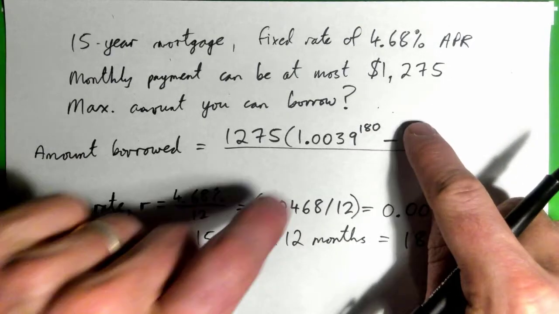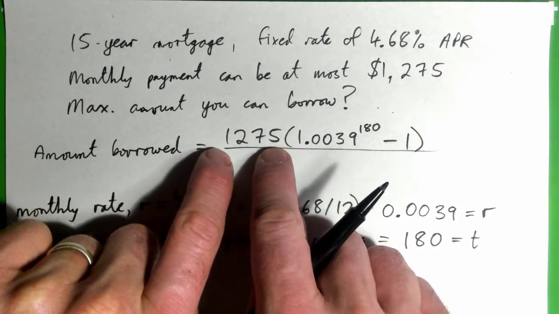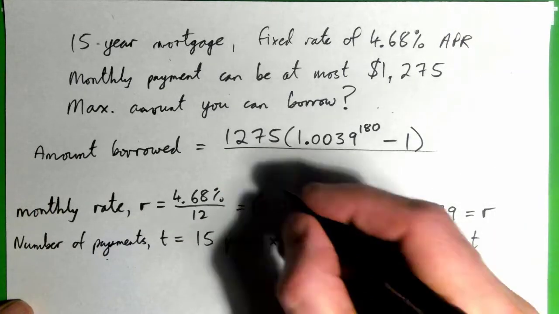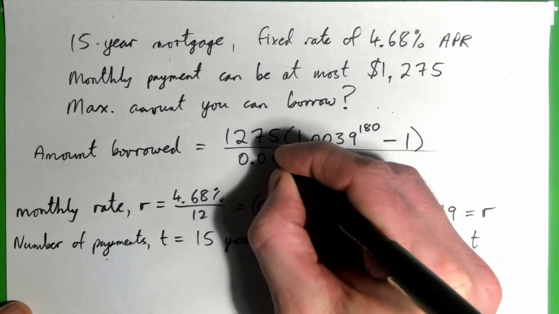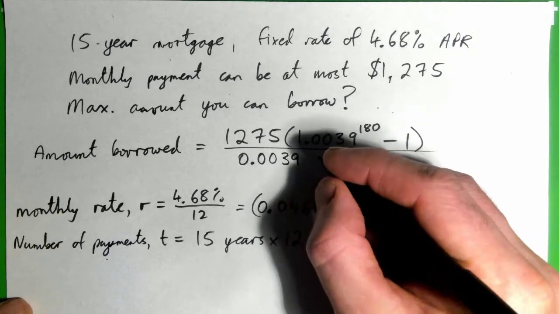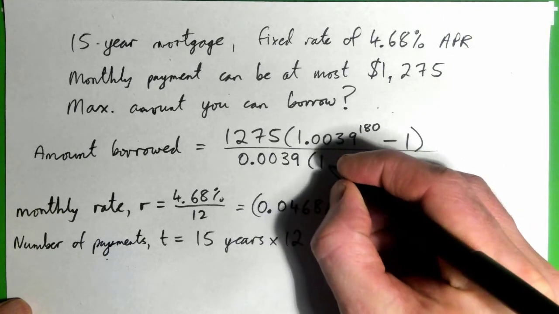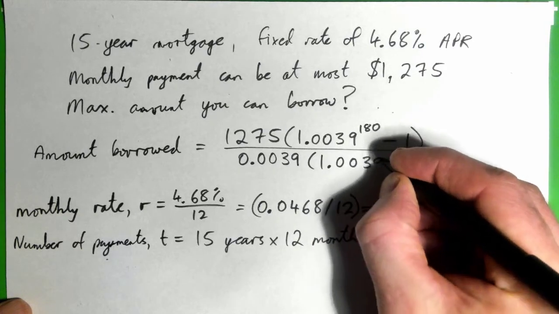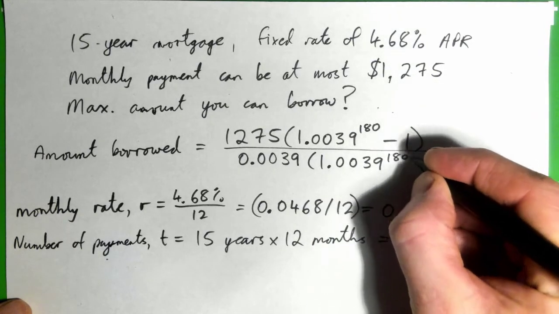Then subtract 1, and then multiply it by that, divided by R, which is 0.0039, times 1 plus R to the power of T. So times 1.0039 to the power of 180, right?